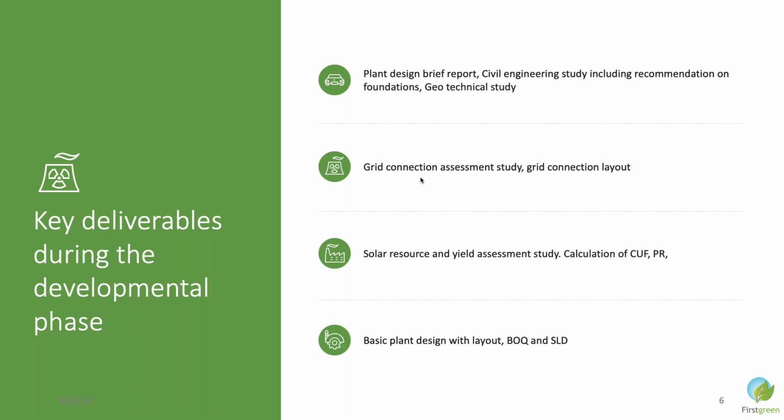Once you have this, you will also have a BOQ, which will have a much more accurate assessment of your project cost. So you will have BOQ, and you will also have your DC and AC SLDs of the project.